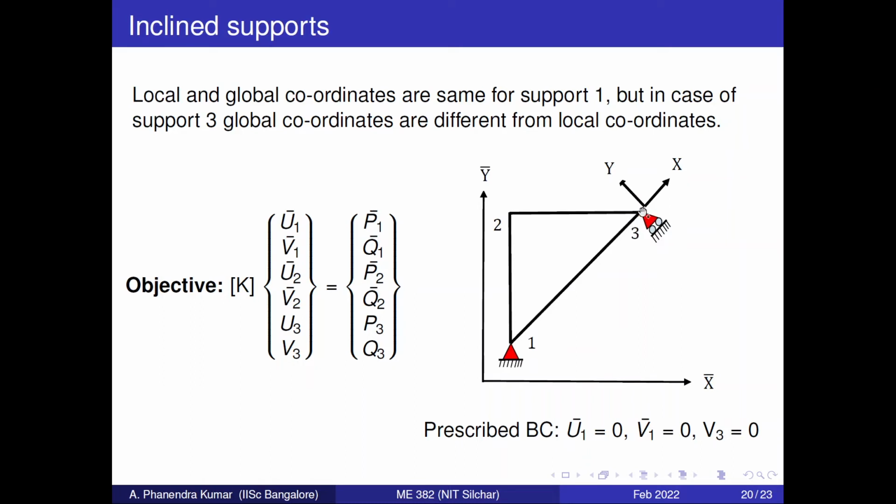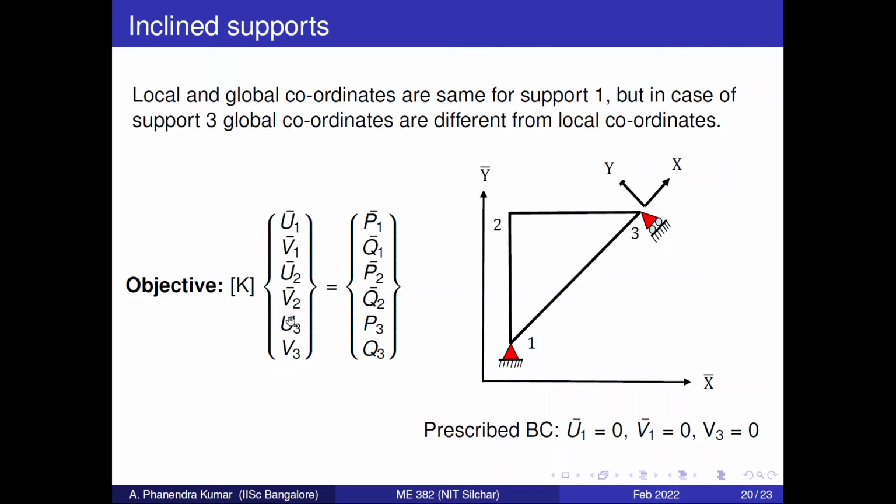But when we see the third node, we need to find u3 and v3. We are considering only u3 and v3 because we have a roller support here. If we have a roller support like this, in the direction perpendicular to the roller support direction, we know the displacement is 0, so we can apply the boundary condition.